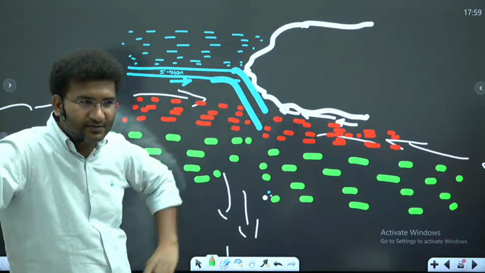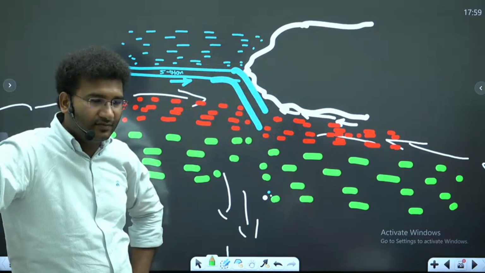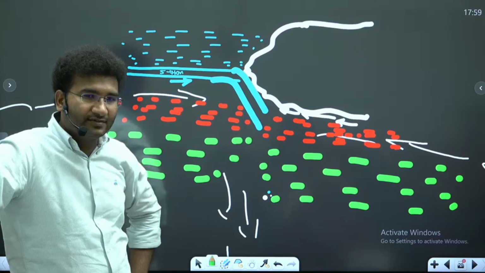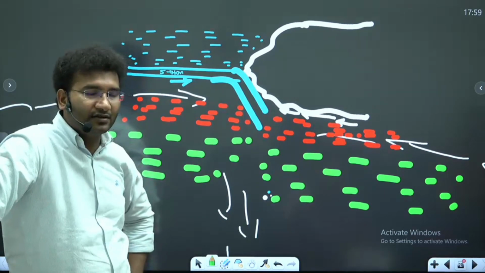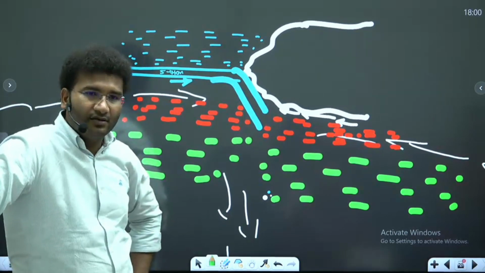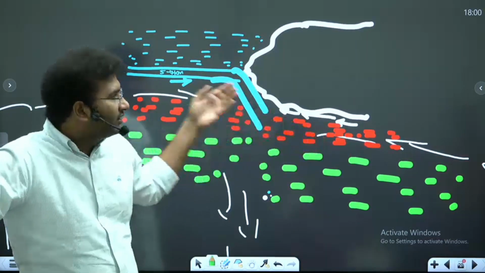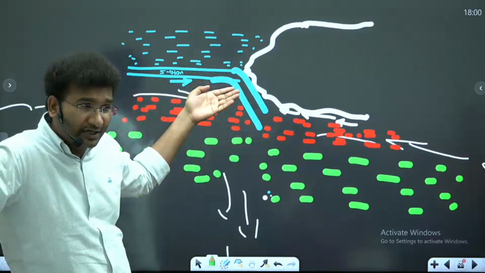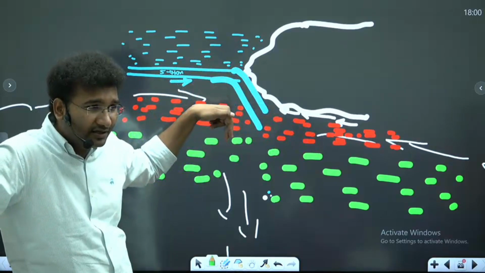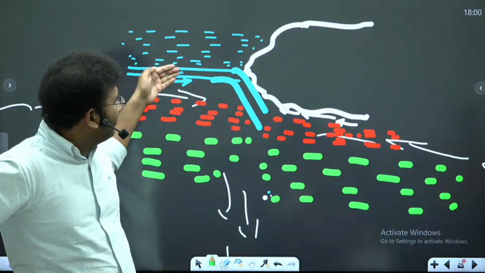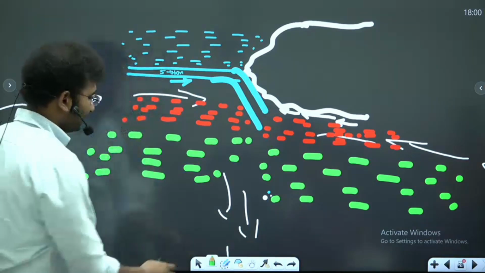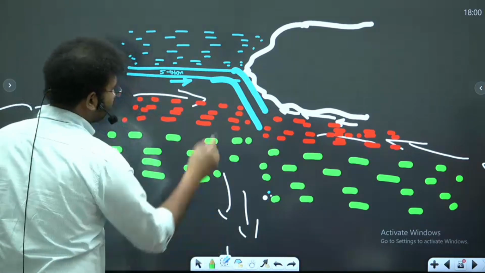Is it more or less? Asthenosphere density, is it more than continental crust or less than continental crust? More than continental crust. That is the reason why your continent is floating on the asthenosphere. But I told you older oceanic floors which are there, they have more density. Okay? Now this oceanic floor, what's happening here is, it started to move like this.